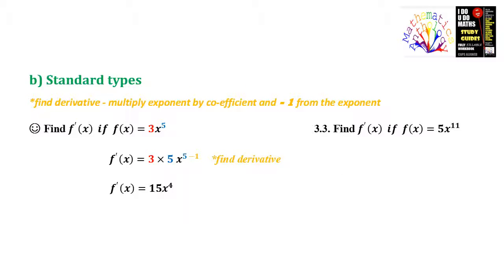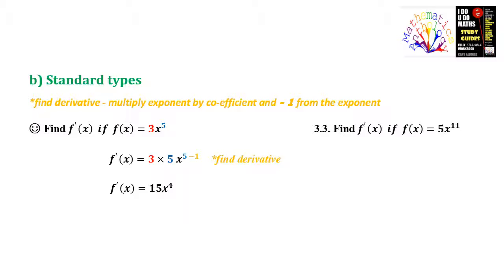The next one, standard type: find the derivative, multiply the exponent by the coefficient, and subtract 1 from the exponent. Okay, so let's work through an example. Find f prime x if f of x is equal to 3x to the power of 5.